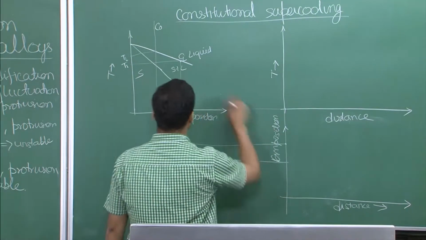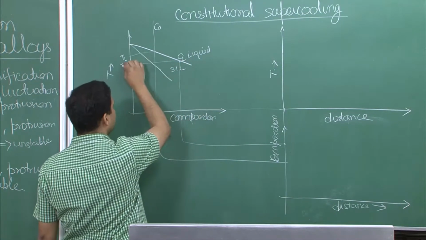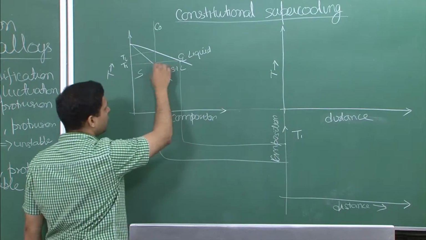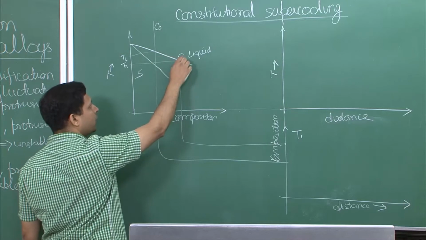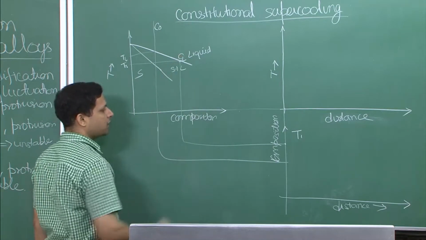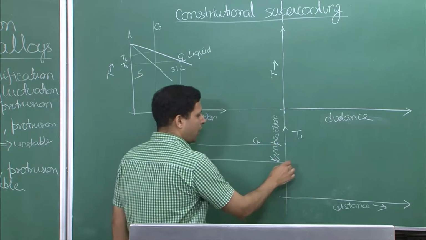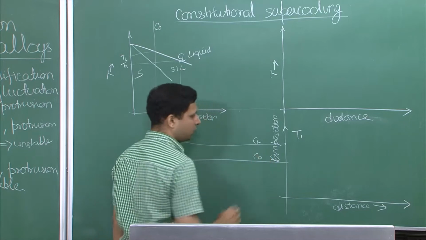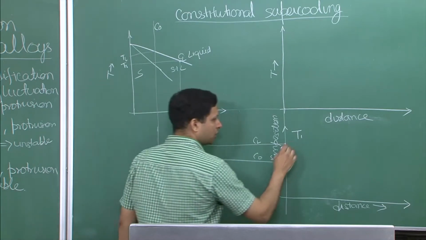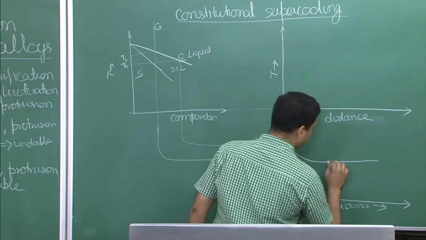It will be equal to Cl, because of the interface equilibrium, since we are at this particular temperature T1. If we are assuming diffusion controlled solidification, then the concentration of the liquid must follow like this.